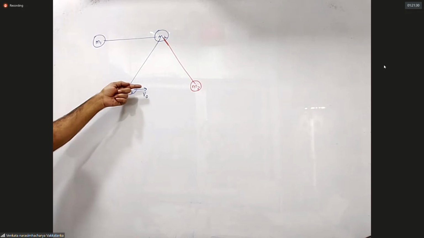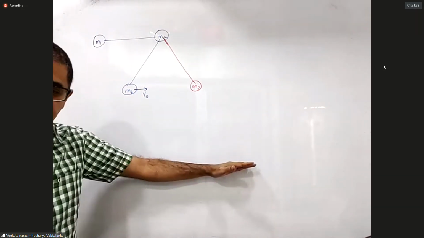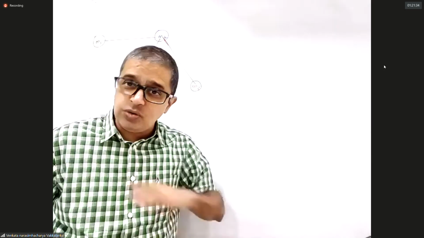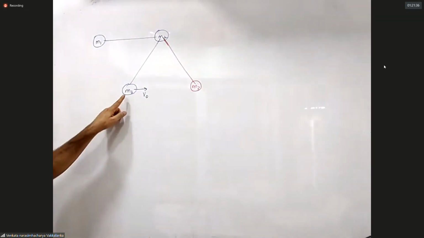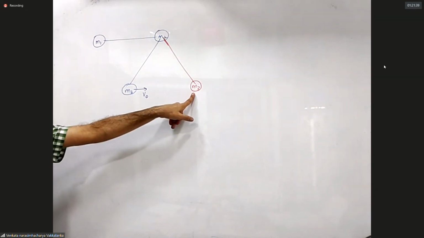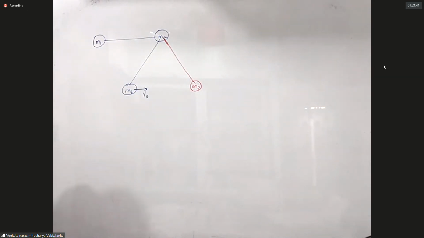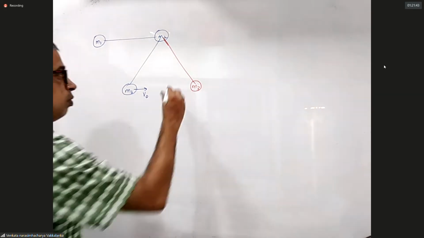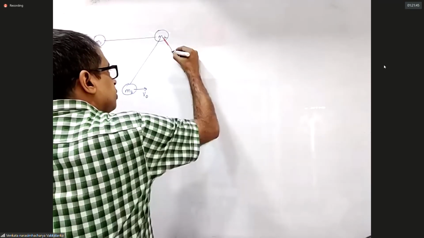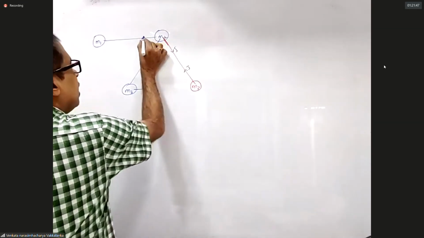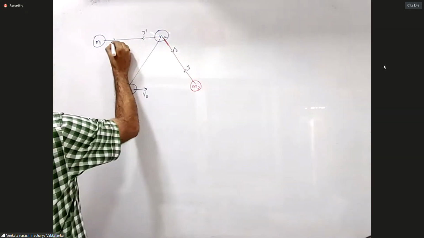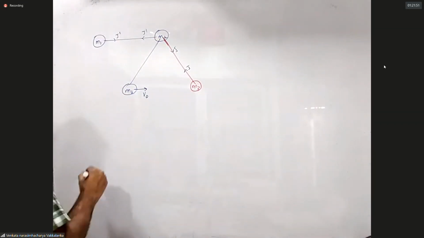When I give a velocity V0 here, this is a horizontal table, and on a smooth surface, we have given a velocity. When this mass comes to this end and the string becomes taut, there will be an impulse J on this, J on this. I will write J dash here, which I will not use.